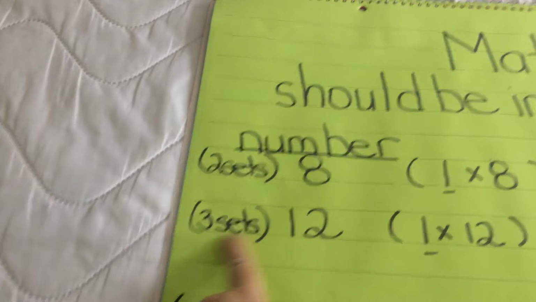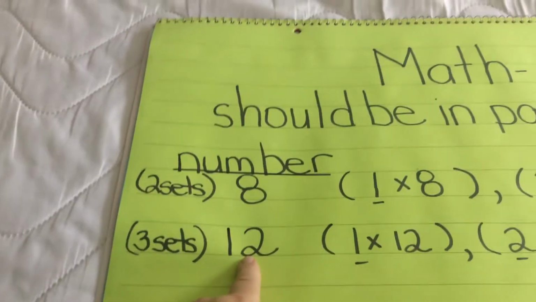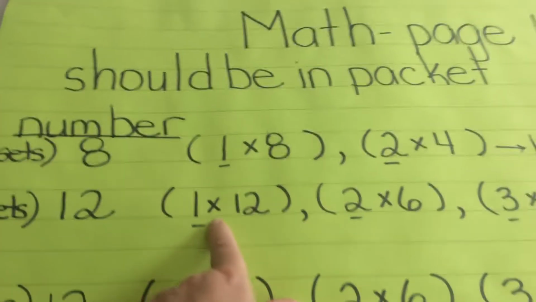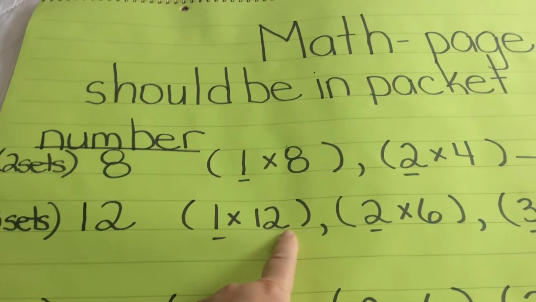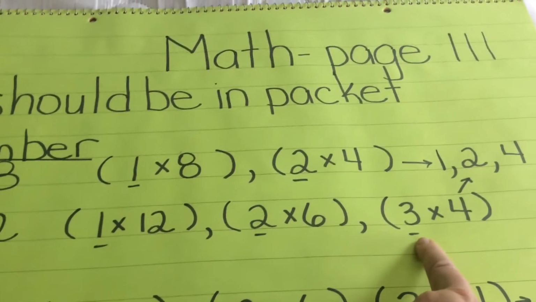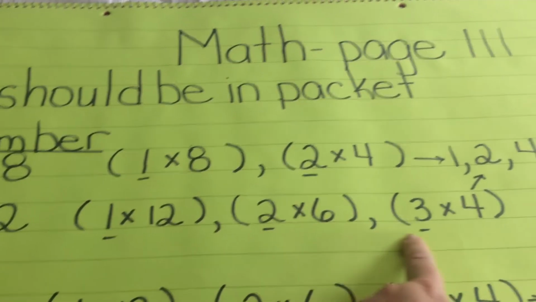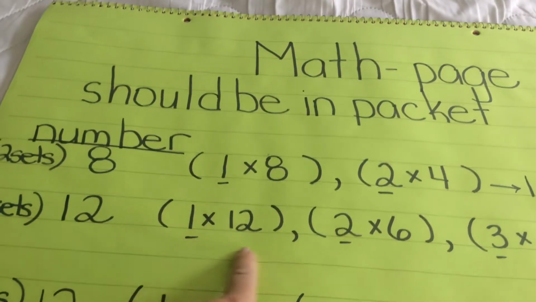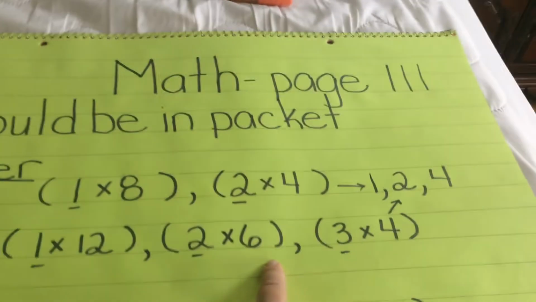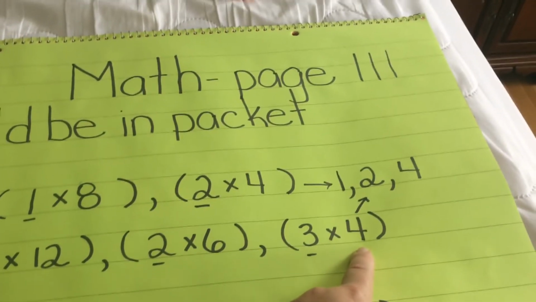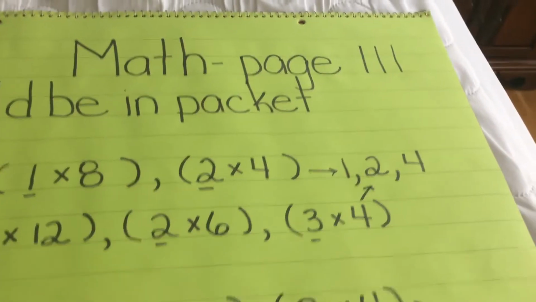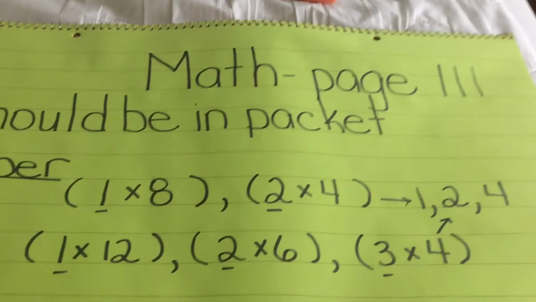All right, so 12, 3 sets. 3 sets or 3 pairs of factors is what that means. So we have 1 times 12. I underlined the 1, the 2, and the 3 so that we know we're going in numerical order. So the 1 times 12, we have the 2 times 6, and we have the 3 times 4. And then on that column where it says, what are the common factors?